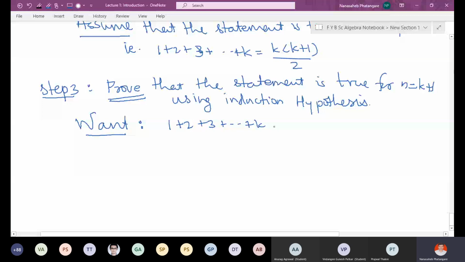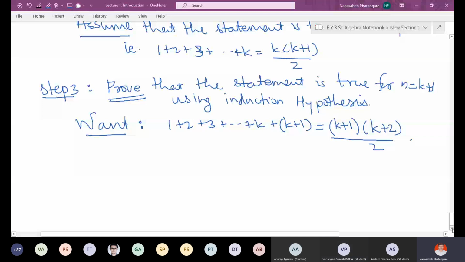What do we expect our result to be? K into K plus 1 by 2, K plus 1, k plus 2 divided by 2. This we expect, right? Now let us check that we can prove our expectations.